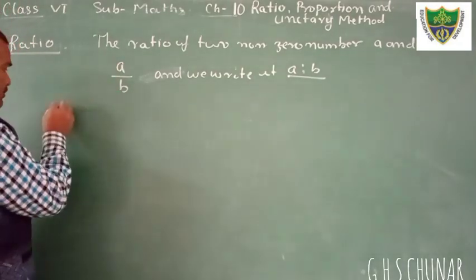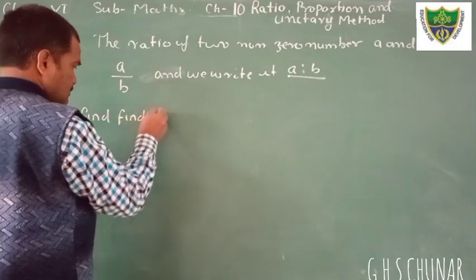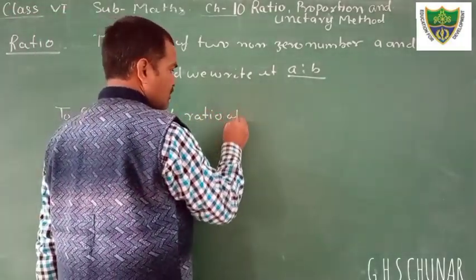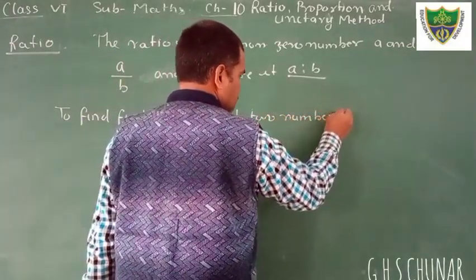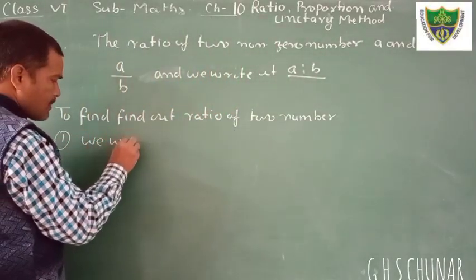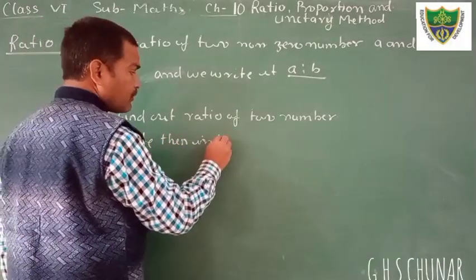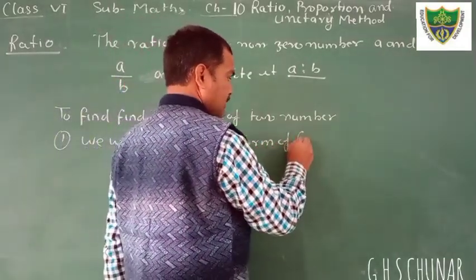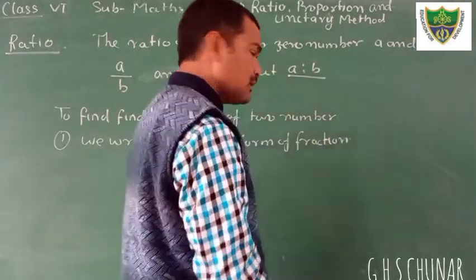To find out the ratio of two numbers, first we write them in the form of a fraction.